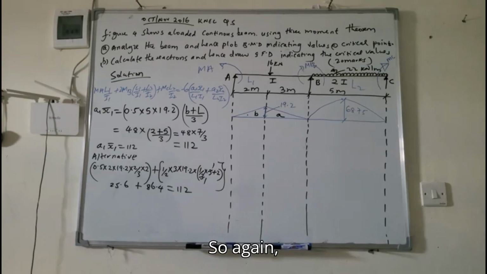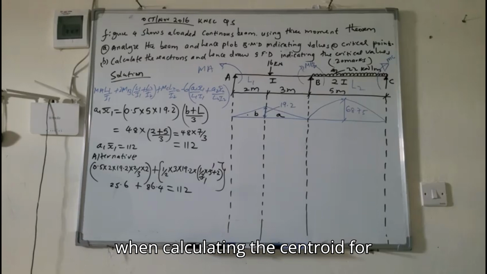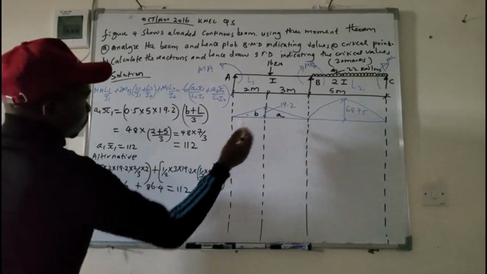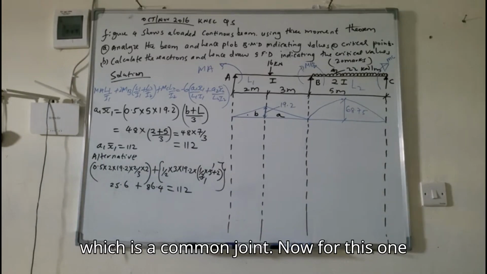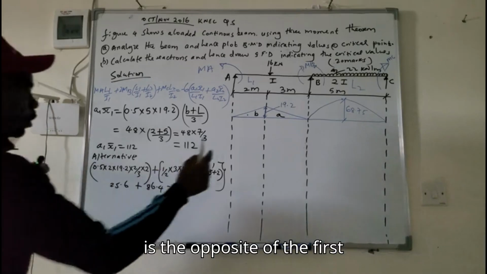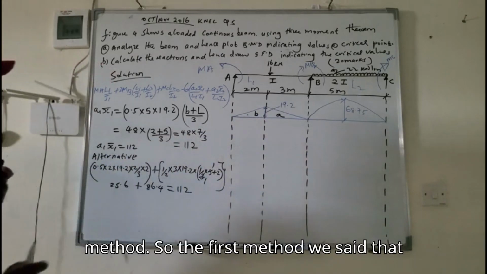Again, when calculating the centroid for these smaller triangles, our point of reference is B, which is the common joint. This is the opposite of the first method.